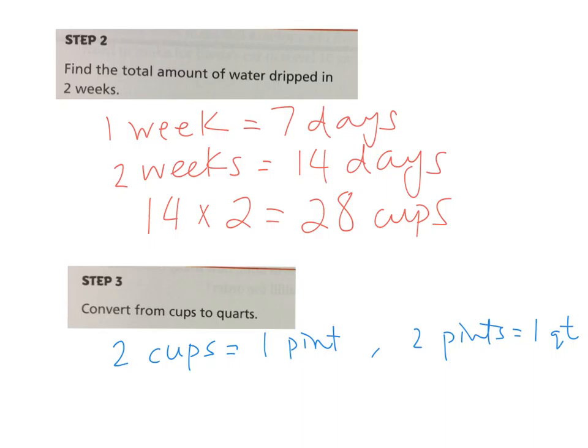Let's back up one step really quickly, Colin. If there's 2 cups in 1 pint and 2 pints in 1 quart, how many cups are there in 1 quart? 4 cups, right? So I know there's 4 cups in 1 quart. If I have 28 cups, how many quarts would that be? Adam? 7 quarts, because 28 divided by 4 equals 7 quarts.